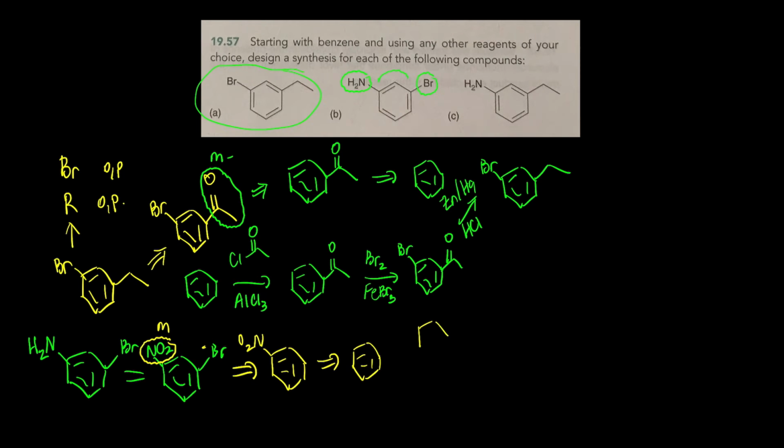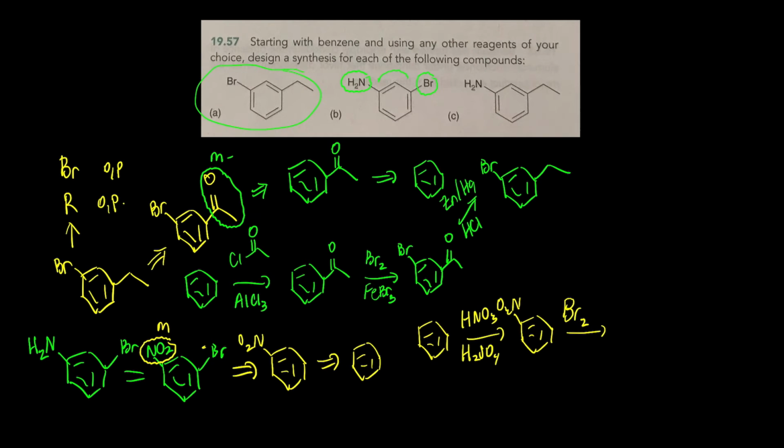So the synthesis I would do for this is to start out with benzene, and I would nitrate this. Remember that when you do nitration, you need two reagents, sulfuric acid and nitric acid. So that will give you nitrobenzene, and I'll position that on the upper left-hand corner so it matches. And then we can brominate.